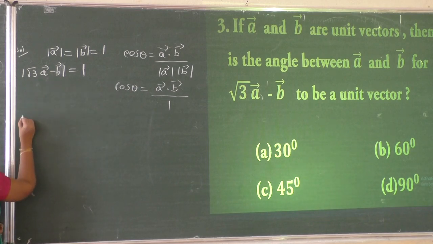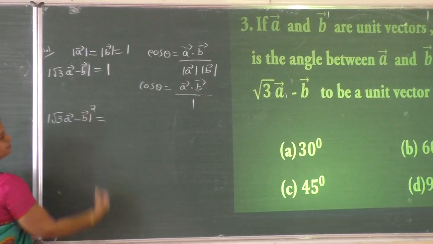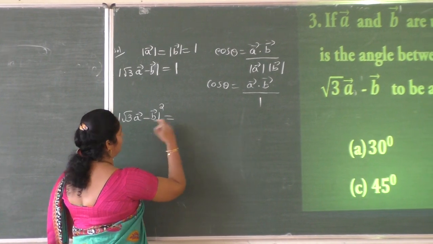Okay, we have the formula. The magnitude of root 3 vector A minus vector B square is equal to A square plus B square minus 2AB.